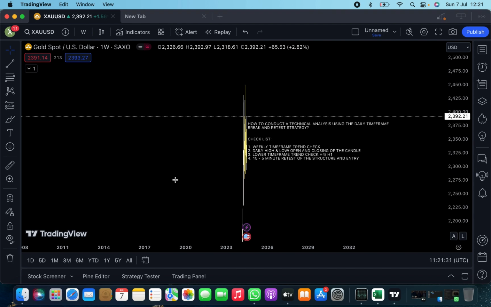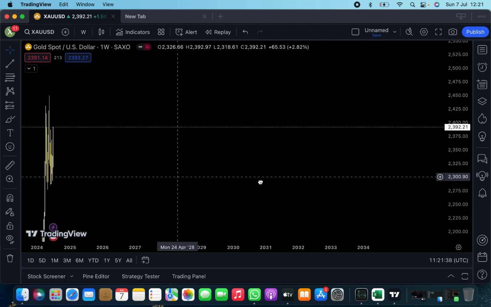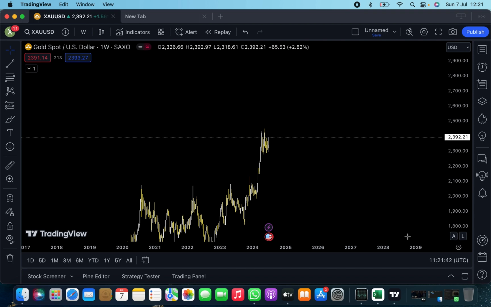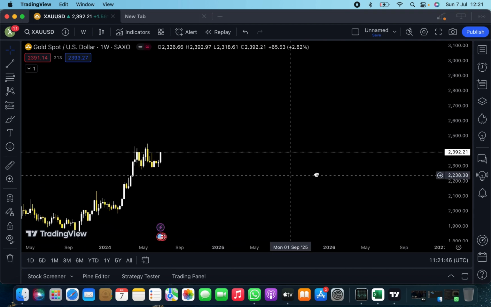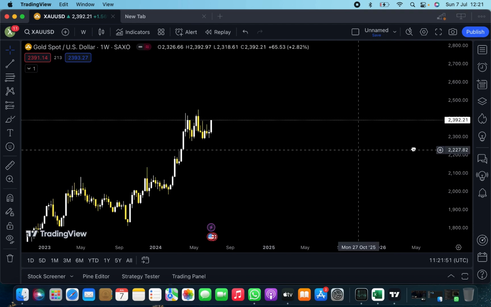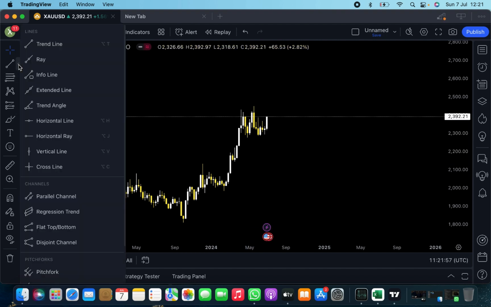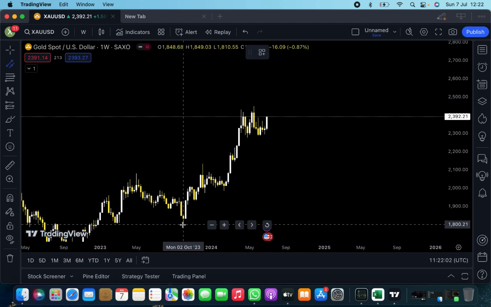Okay, let me remove all the drawings here and just see if we can actually have some good overview of the market. Yeah, so on the weekly time frame, guys, you can clearly see that gold is bullish. There's no way you can have any other way to look at this.